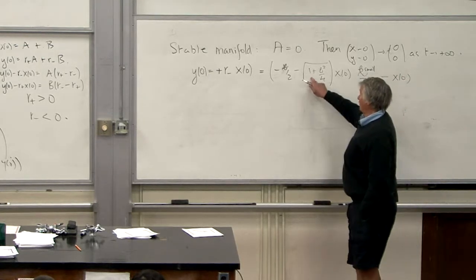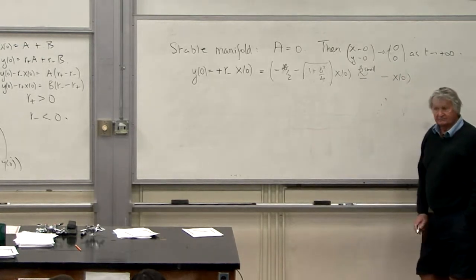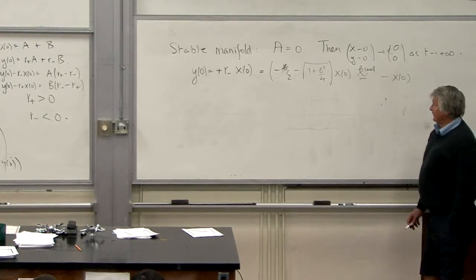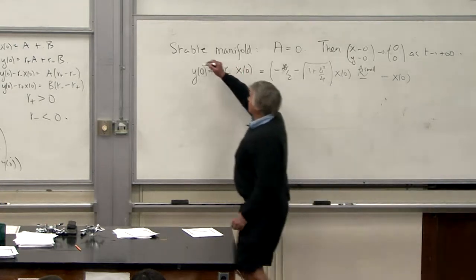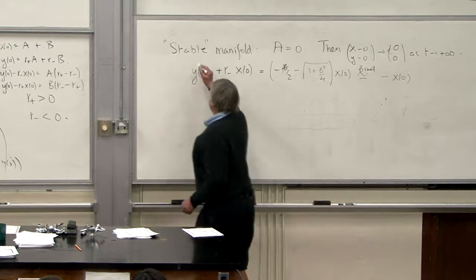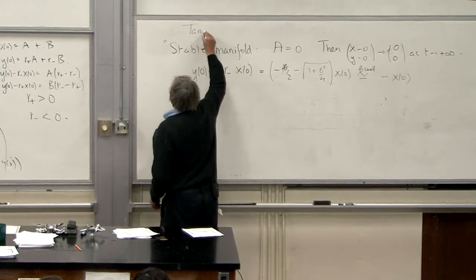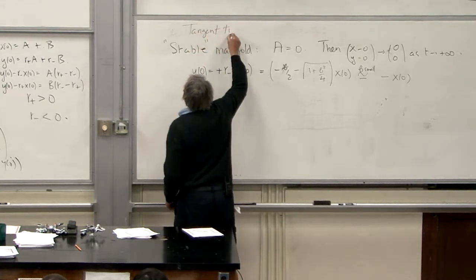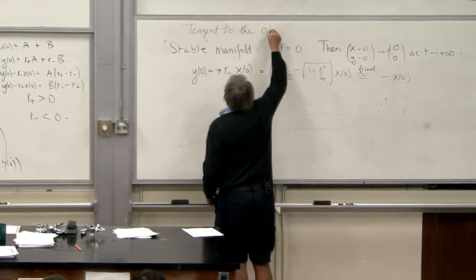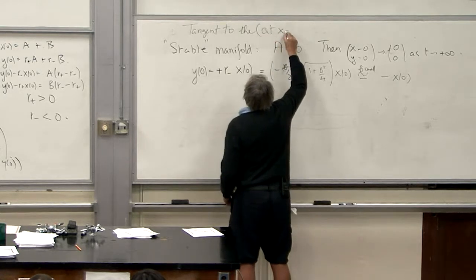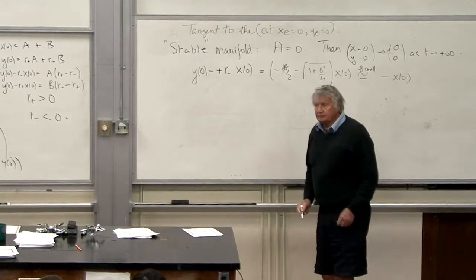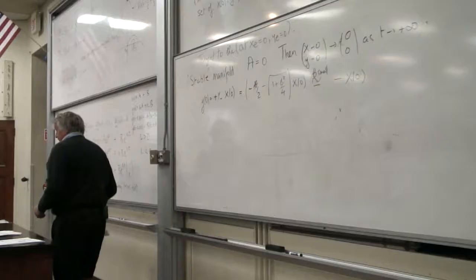Because for b small, this is the biggest term here. Now, this is not really so much the stable manifold, it's the tangent to the unstable manifold at x e equals 0, y e equals 0. So it tells you the tangent to this curve.